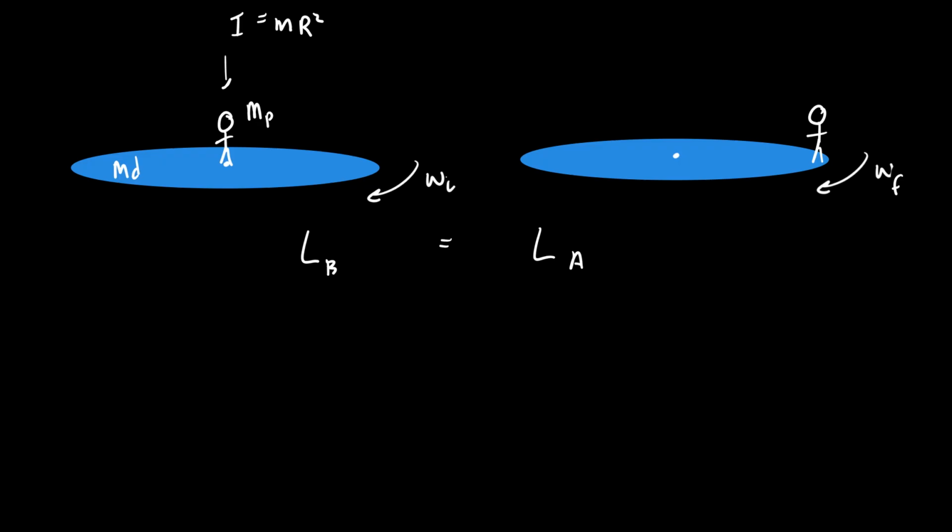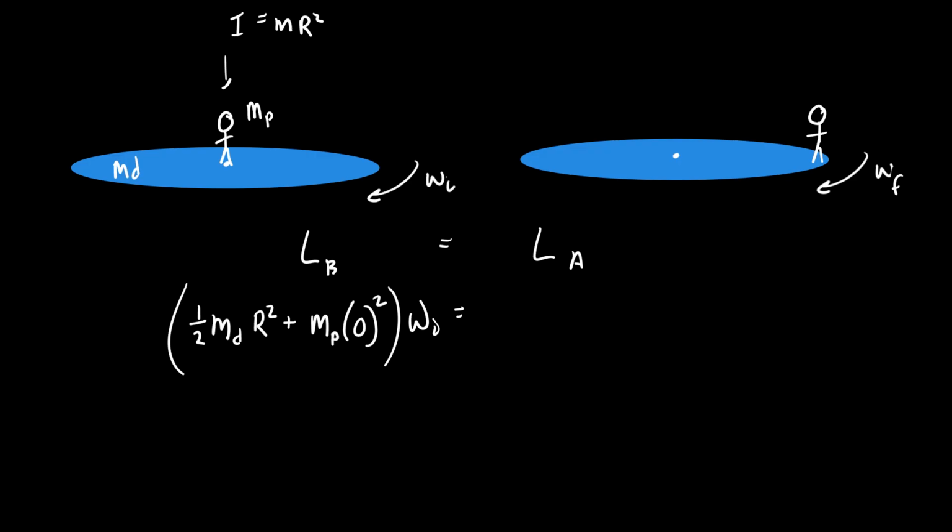So let's start at the beginning. Their moment of inertia will be the mass of the disk times 1/2 times r squared plus the person, which is going to be mp times 0 squared. They're at the axis of rotation, so they do not contribute anything to the inertia.